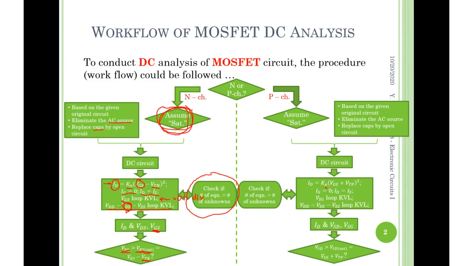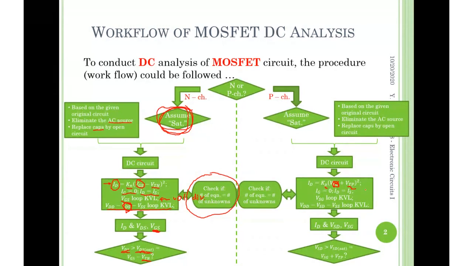This is not VGS, it's supposed to be VSG. Well, there's a typo here. It's not minus VTN, but plus VTP. The given threshold voltage for P channel is going to be VTP, not VTN.